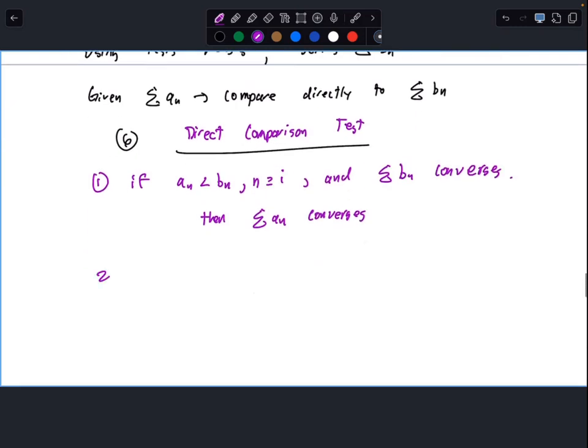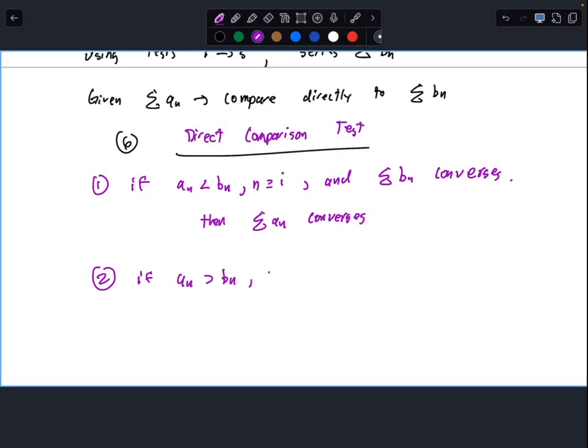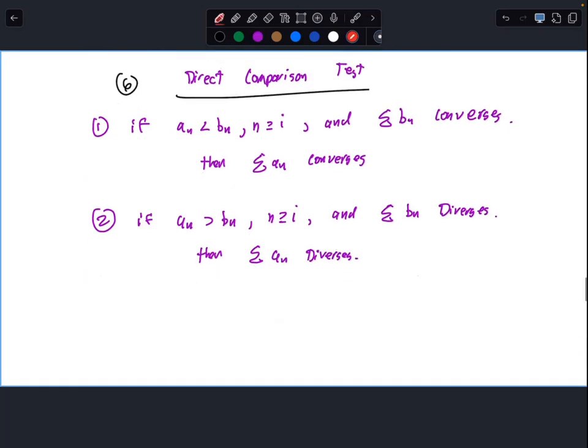Or two, if a sub n is greater than b sub n for n greater than or equal to I, and the series b sub n diverges, then the series a sub n diverges. And I'll just put a little disclaimer here: else, inconclusive.